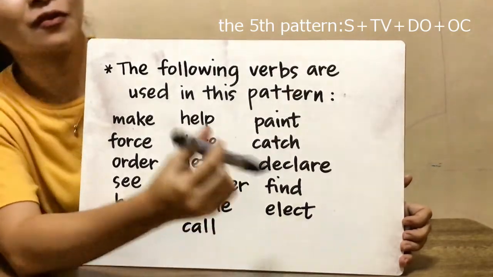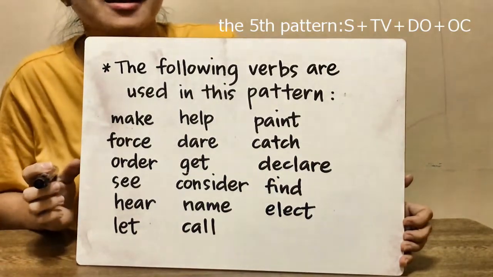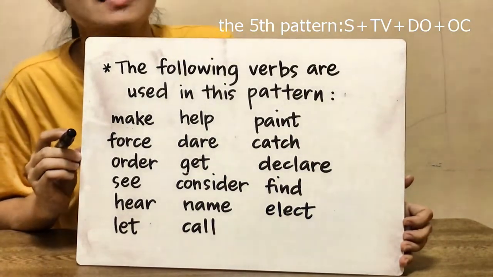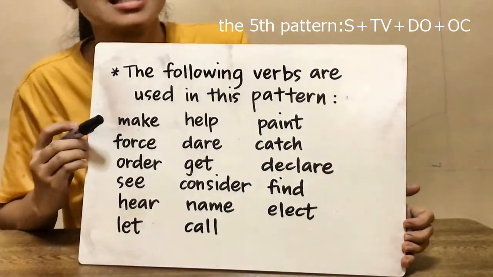These are just some verbs, and you can memorize them so that you can make correct and good sentences using the pattern S+TV+DO+OC.